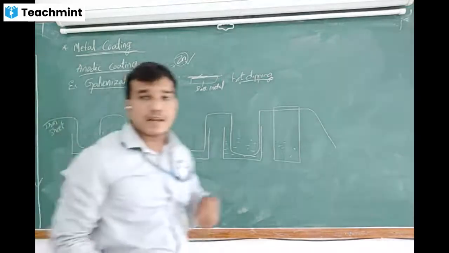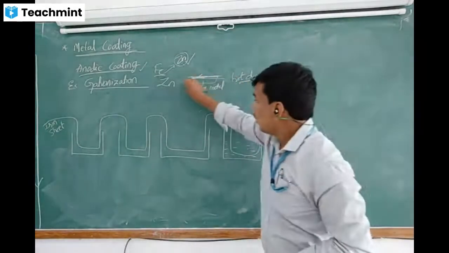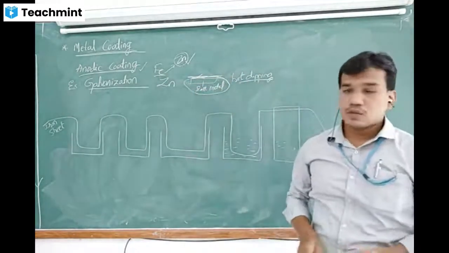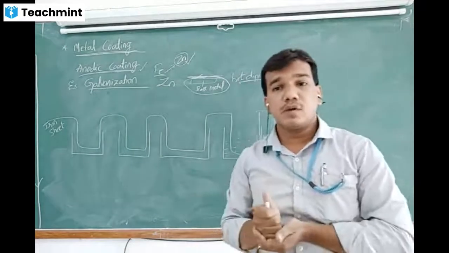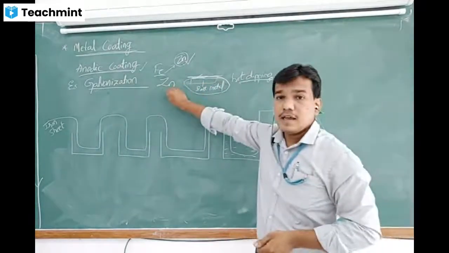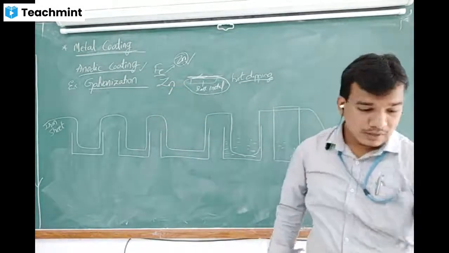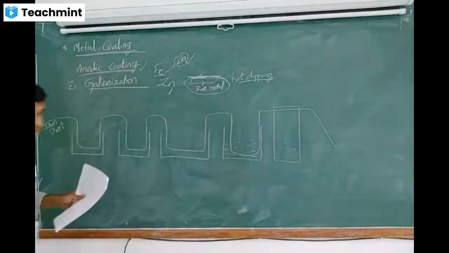Why do we have to do galvanization? Because we want to protect the base metal from corrosion, so we coat it with a protective metal. Zinc acts as the protective metal. We will discuss the process step by step.